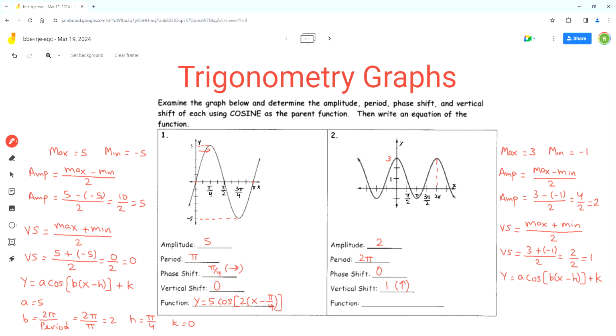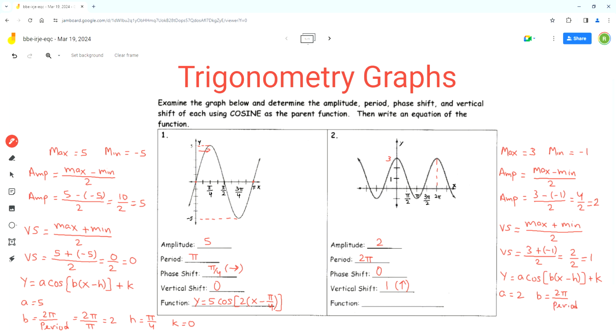Now the a value is equal to the amplitude, which is equal to 2. And for the b value, we'll use the formula: b equals 2 pi, which is the period of a cosine parent function, divided by the period.